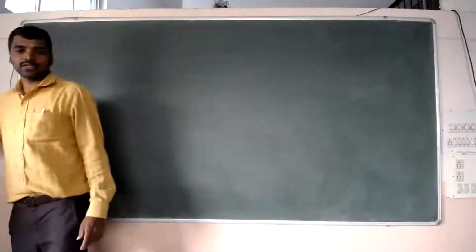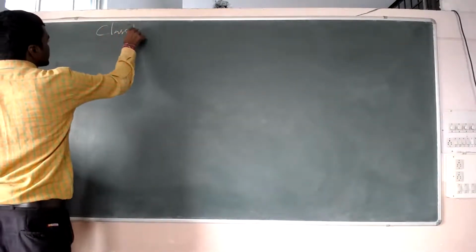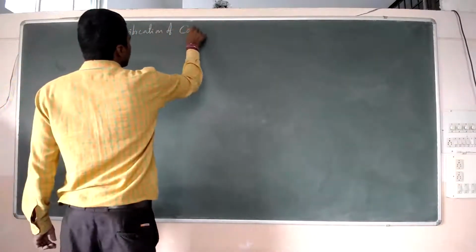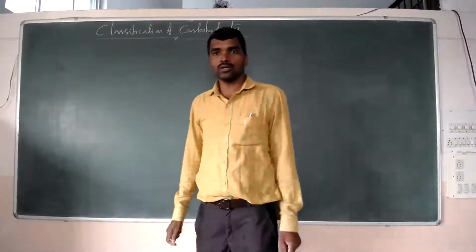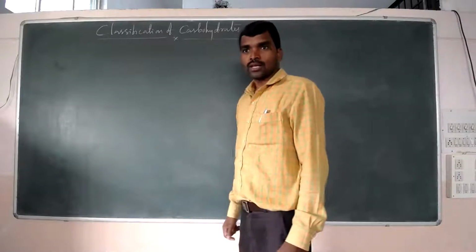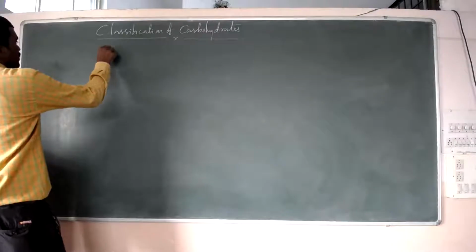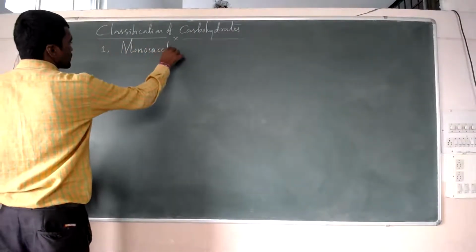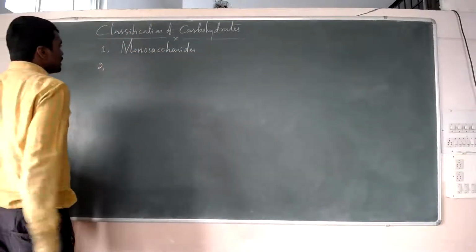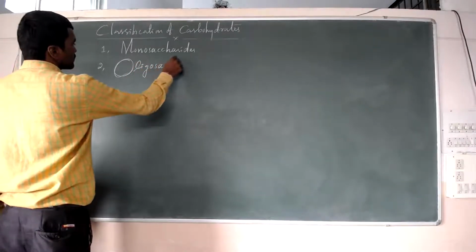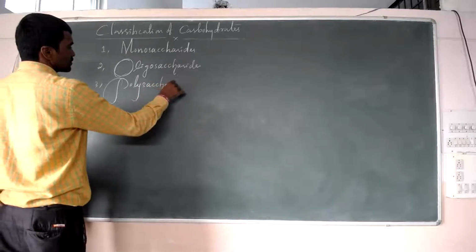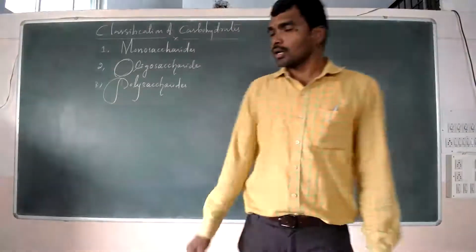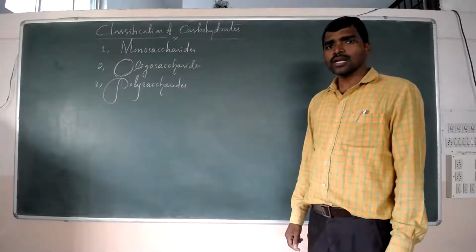Classification of carbohydrates: first, monosaccharides; second, oligosaccharides; third, polysaccharides.